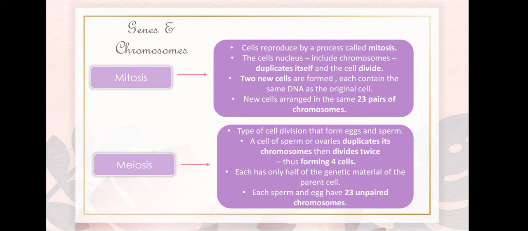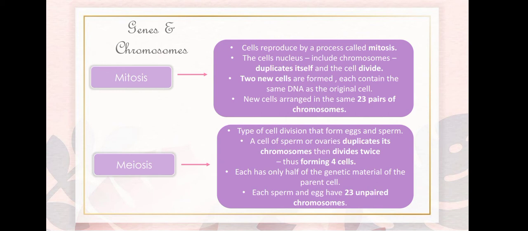Okay, the cell nucleus, which includes the chromosomes, duplicates itself, and the cell divides. So every cell has a nucleus, right? That nucleus contains chromosomes, and those chromosomes duplicate themselves, and then the cell divides.